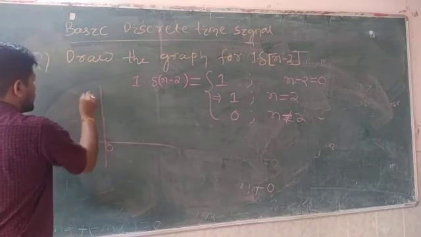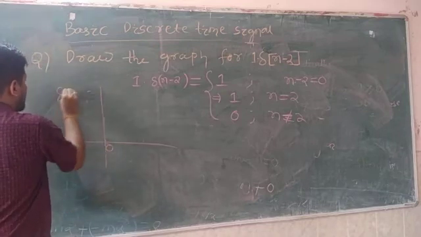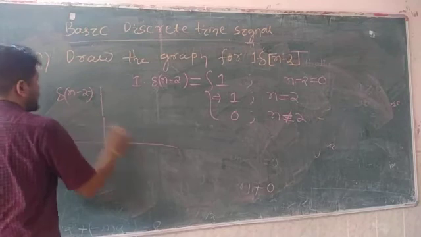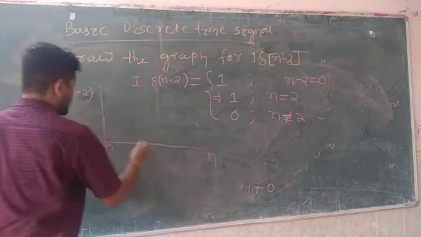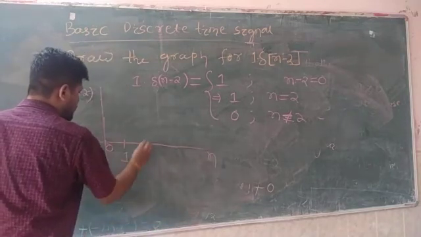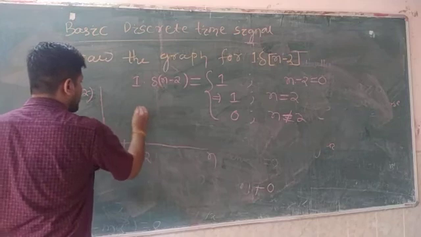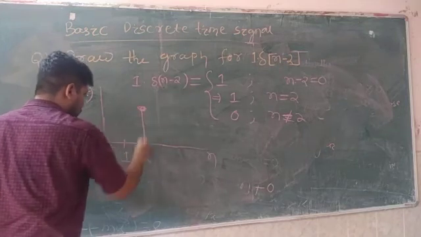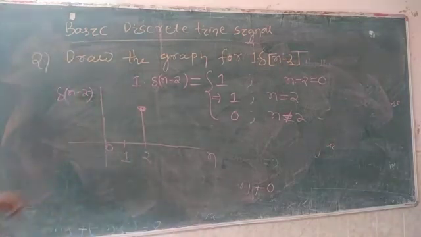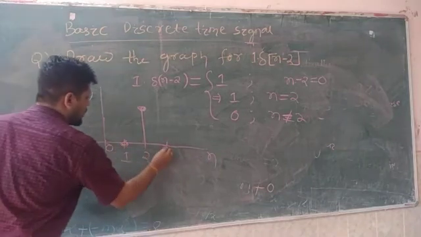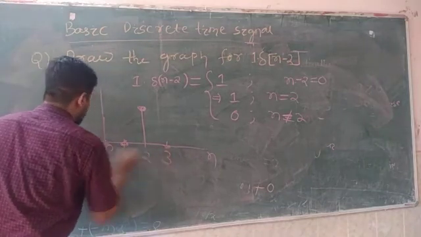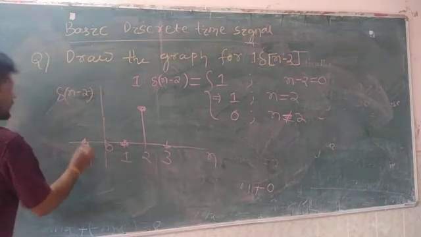So now we have to represent this graphically. This is your 0. I am plotting this delta of n minus 2 with respect to n. Suppose this is 1, and this is 2. So the amplitude is 1 when n is equal to 2, and for the remaining values the sample will be 0.